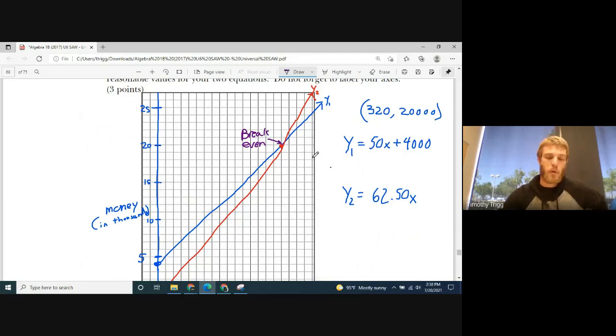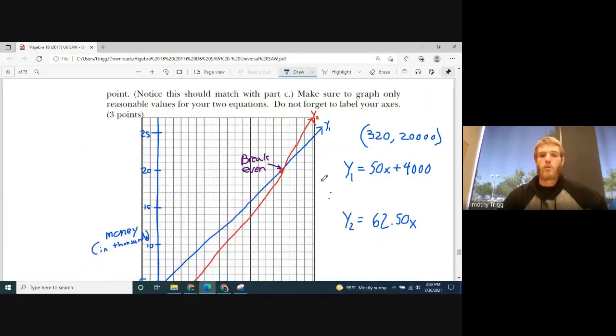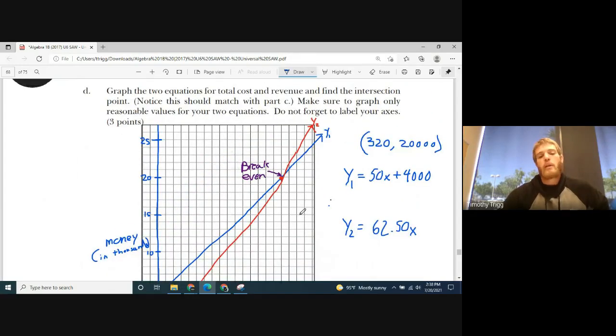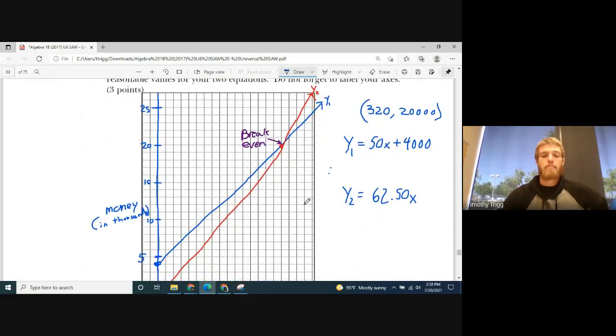Here's our break-even point. I've explained the importance of it already, but to explain it again, this point represents the point at which the costs and revenue are equal, meaning at this point you have not gained money, but you also have not lost money either.